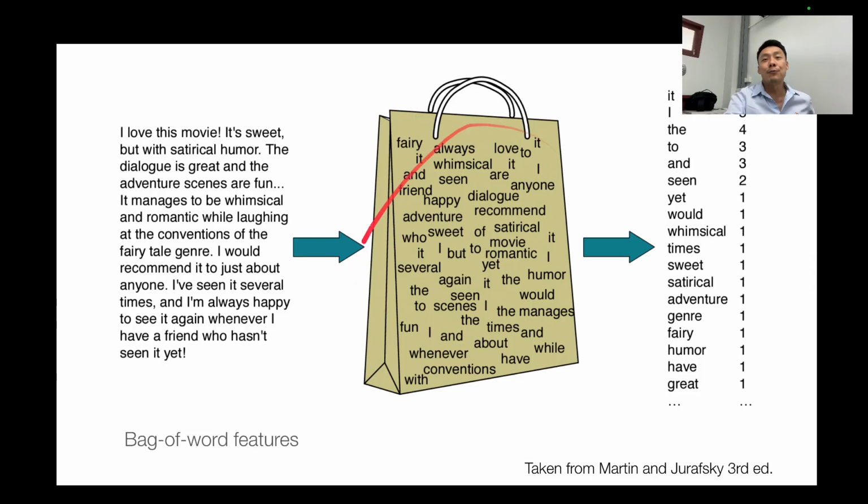And to turn this bag of words into a feature vector, you indicate the vocabulary that you want to include in your count, and then you count how many times each word appears in the document. So in this example, it appears 6 times, I appears 5 times, they appears 4 times, and so on.